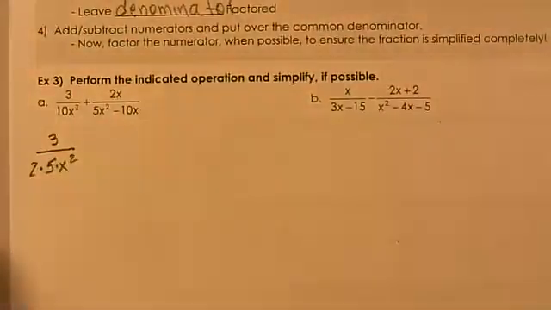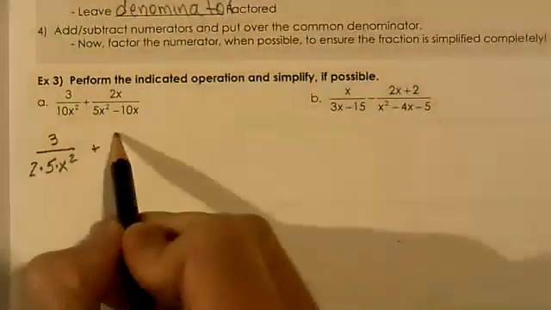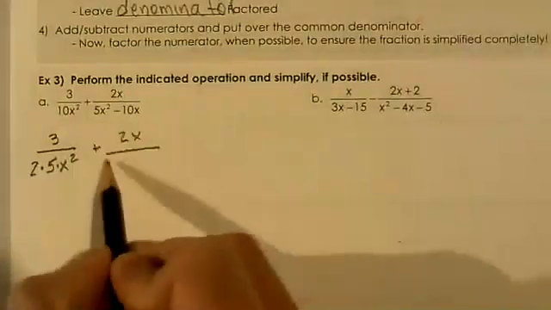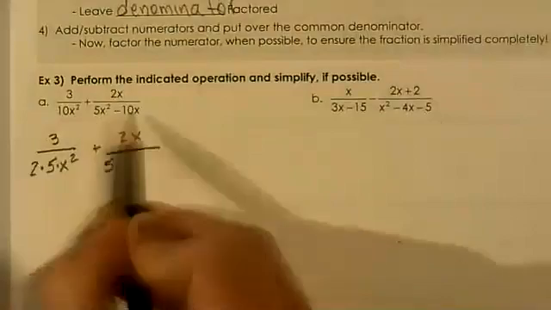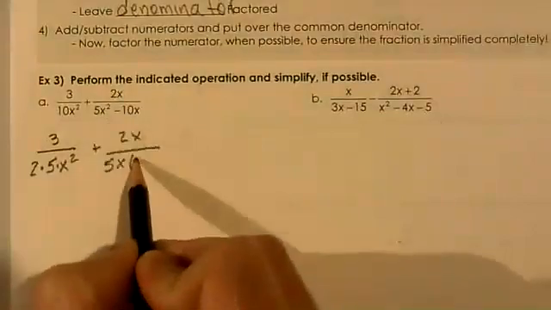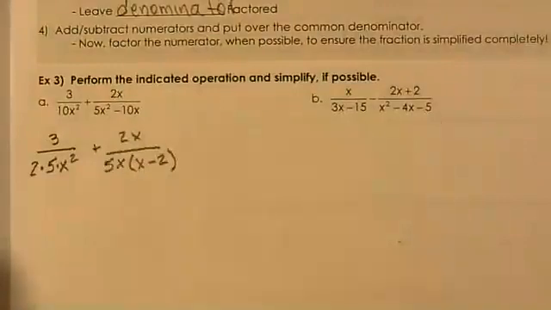Okay, break it all the way down. So 2 times 5 makes 10, and your x squared. Here I can factor out a 5, I can factor out an x, and then I also would have an x minus a 2 left over.